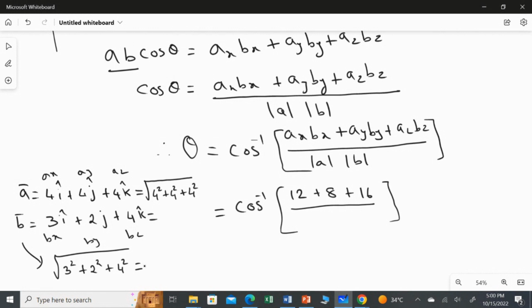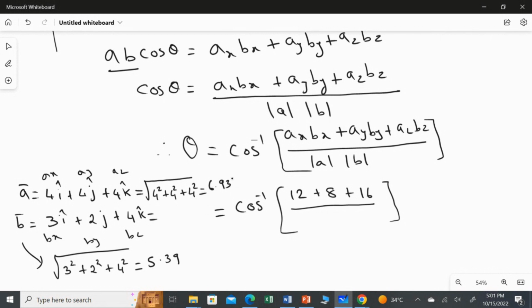Likewise, the magnitude of B is the square root of 3 square plus 2 square plus 4 square. I got the answer as 6.93 for the magnitude of A, and for the magnitude of B, I got 5.39.